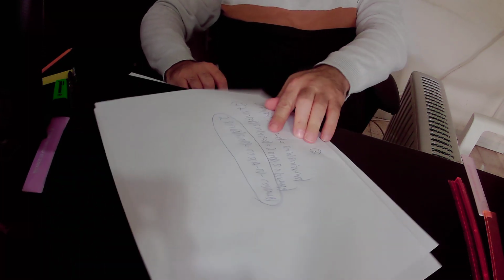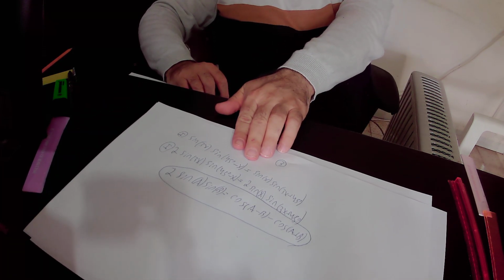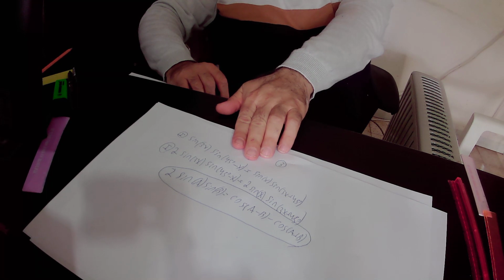Here, the trigonometric identity states that 2 sine A sine B equals cosine A minus B minus cosine A plus B.